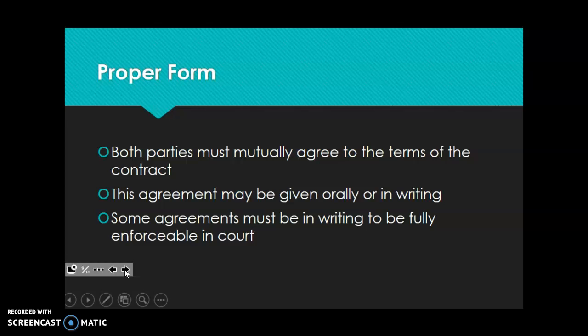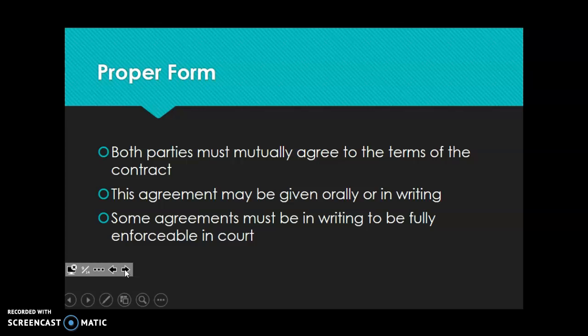It must also be in proper form. And what this means is both parties must mutually agree to the terms of the contract. It can be oral or it can be in writing, and some agreements must be in writing to be fully enforceable in court. For example, if you're selling real estate, yes, you have to have that in writing.